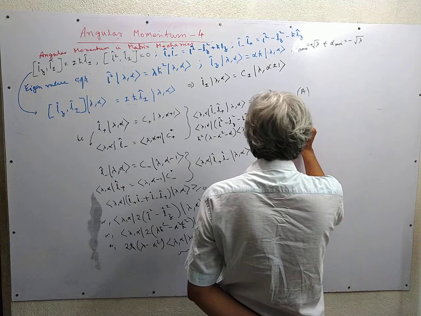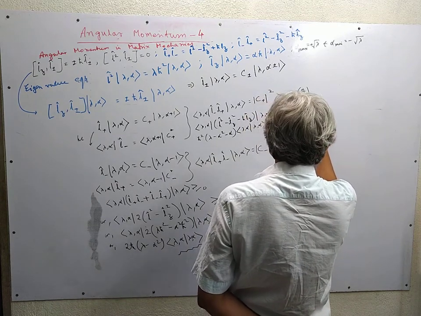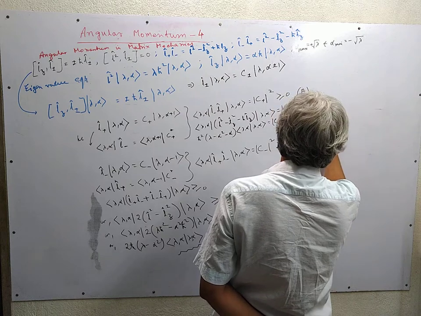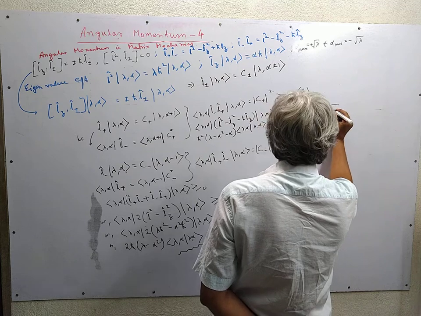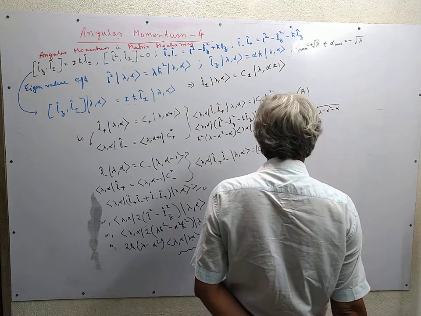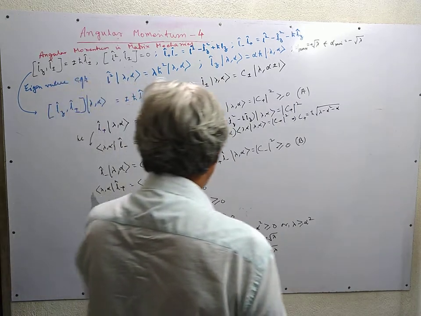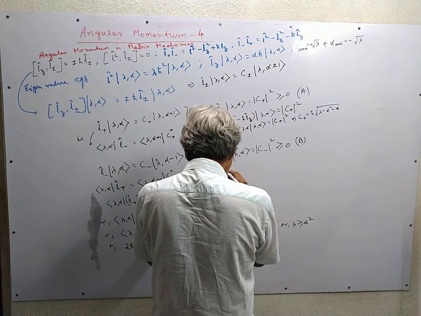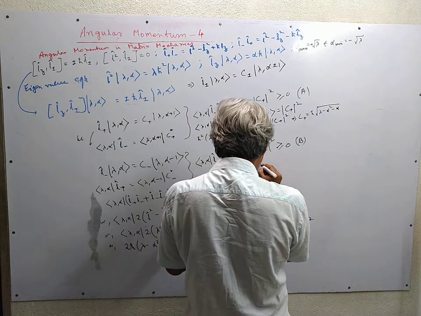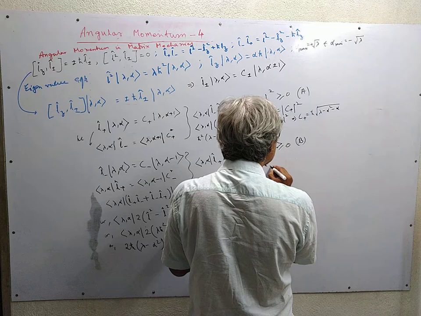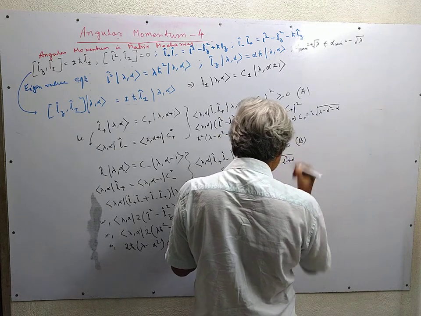So this gives you C plus is equal to ħ square root of lambda minus alpha square minus alpha. Similarly, C minus is equal to ħ square root of lambda minus alpha square plus alpha.